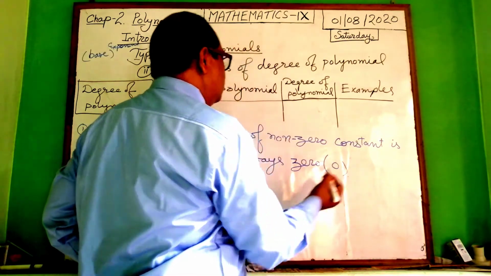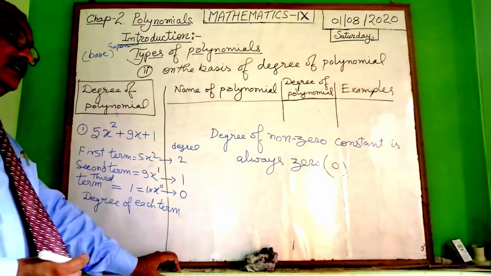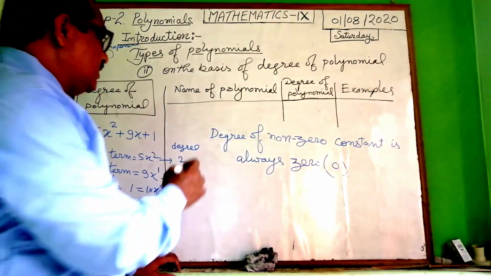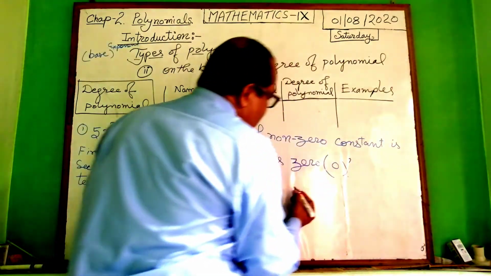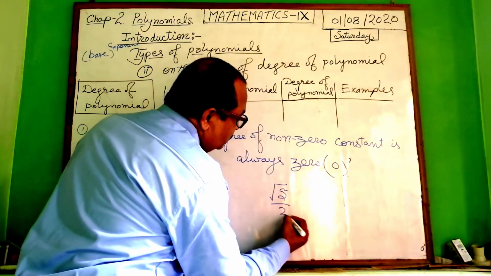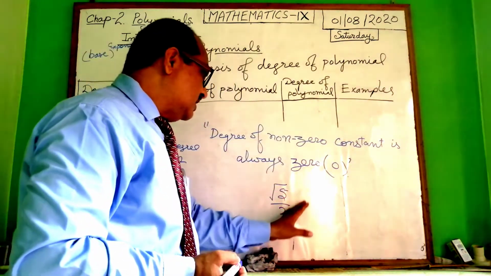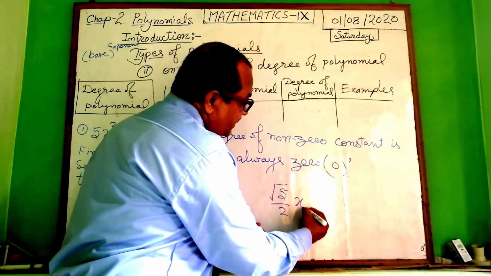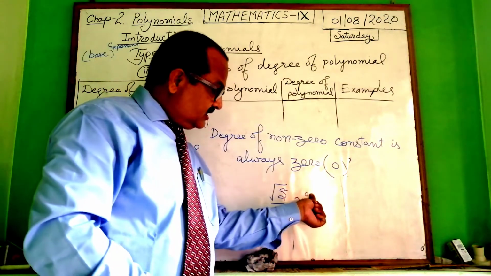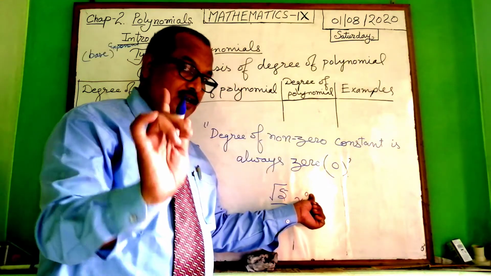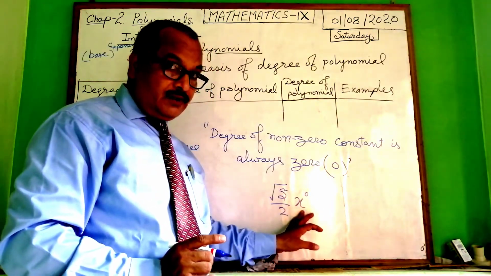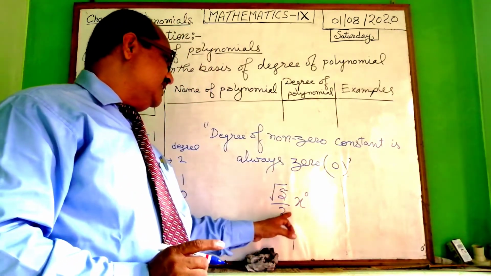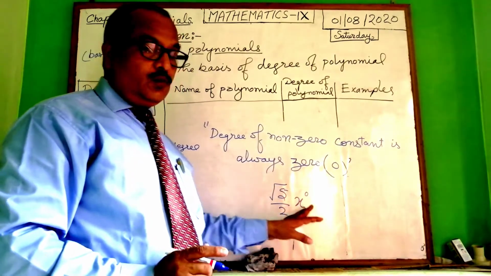Every constant other than 0 has degree 0. So the concept of this should be clear for all. You can see root 5 upon 2 is a constant. What is its degree? Its degree is 0. Why? Because x raised to the power 0 has value 1, and if you multiply by 1, and 1 can be written as x raised to the power 0, the degree of this constant is 0.